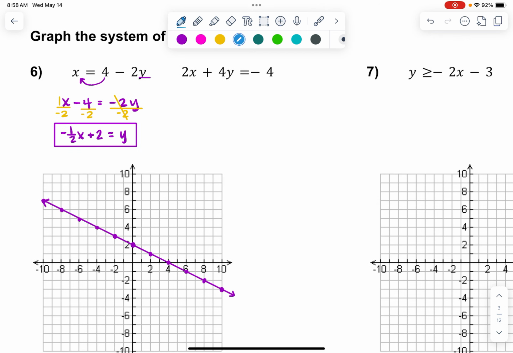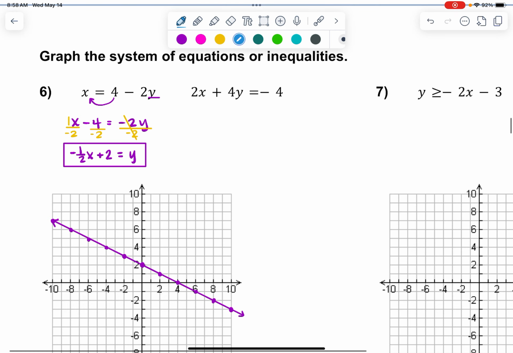All right, now I'm going to do the other one. He's in standard form, so I need to get this y by itself, which means we need to take the 2x term, the whole term, and we're going to move it over here by subtracting 2x. I'm going to put that subtracted 2x in the front because I like my mx plus b. I like my x term first. If you want to write it in the back, you're more than welcome to do that.